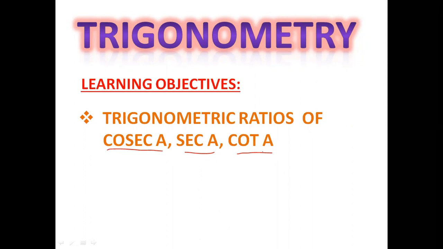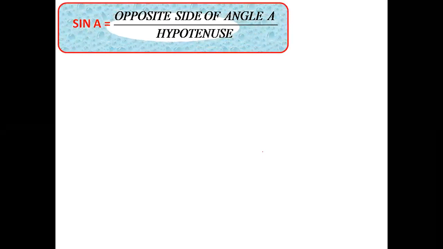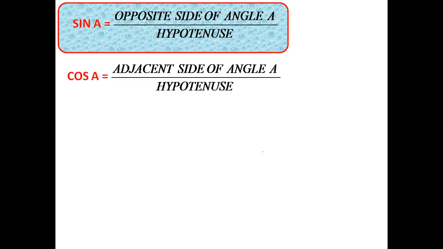Once we recall, sin A is the ratio of opposite side of angle A and hypotenuse. Cos A is equal to the ratio of adjacent side of angle A and hypotenuse.